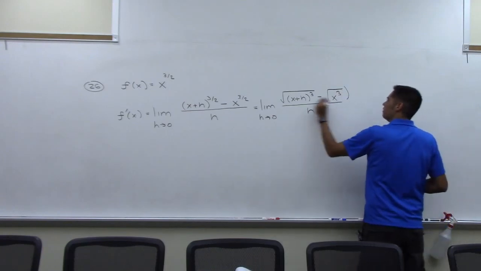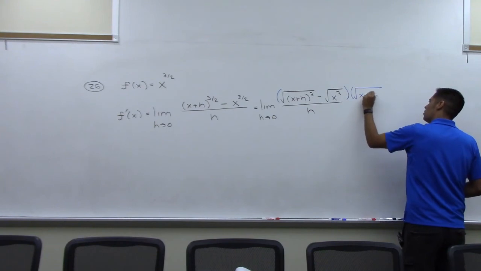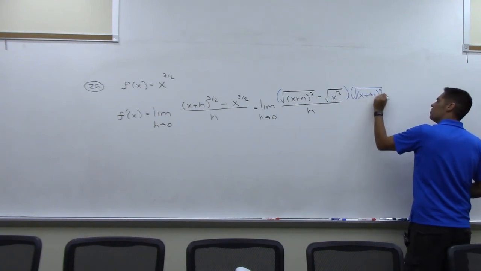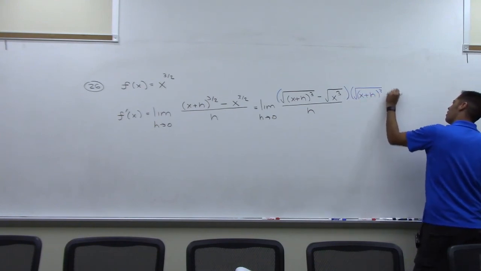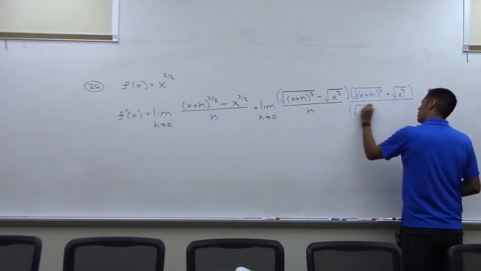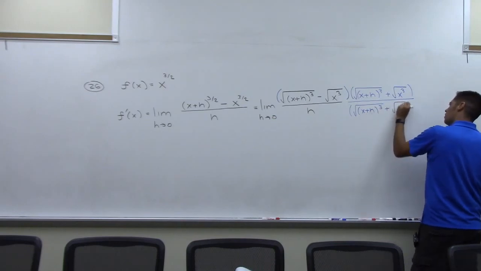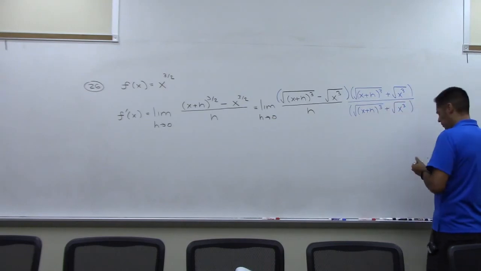So I'm going to come in here, multiply by square root x plus h cubed plus square root x cubed, and do the same thing on the bottom. Square root x plus h cubed plus square root x cubed, like that.